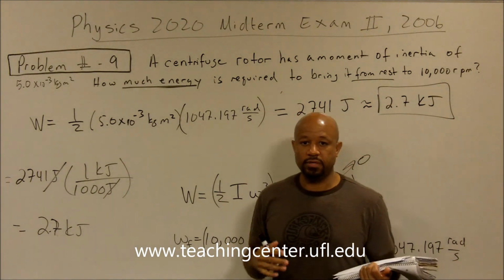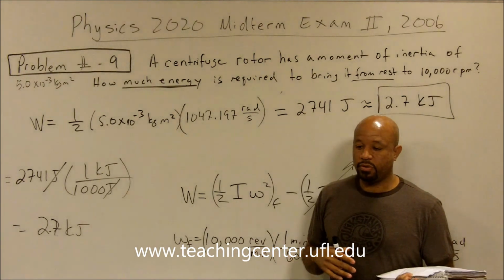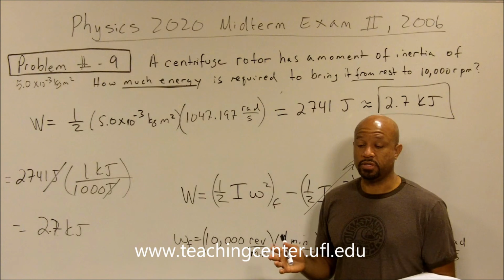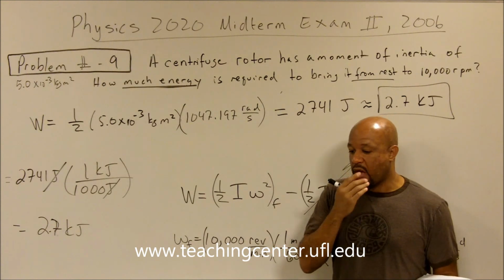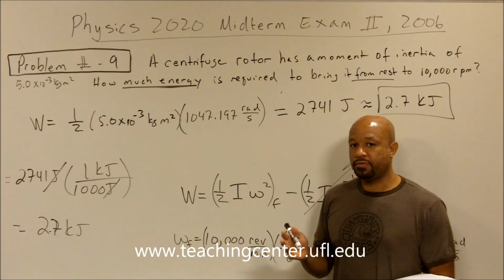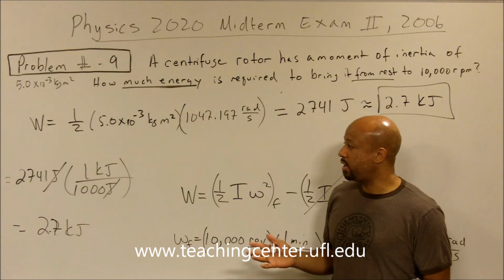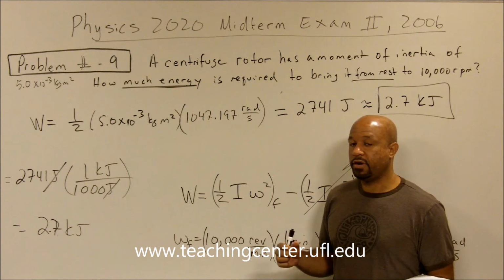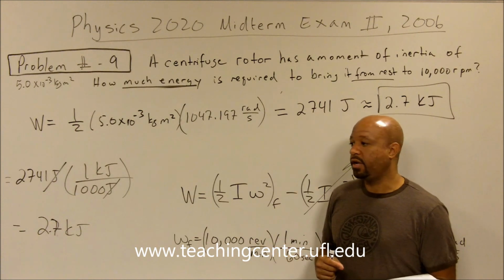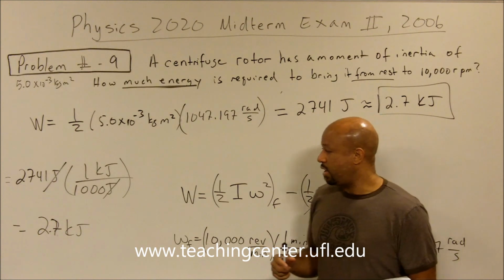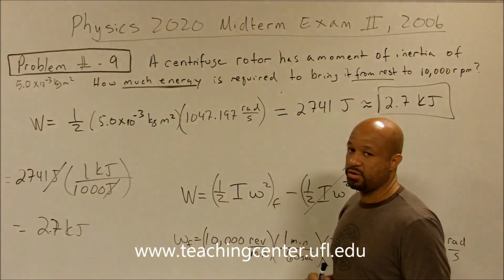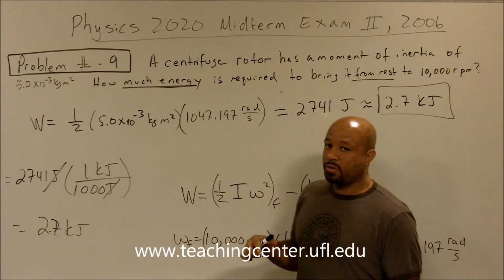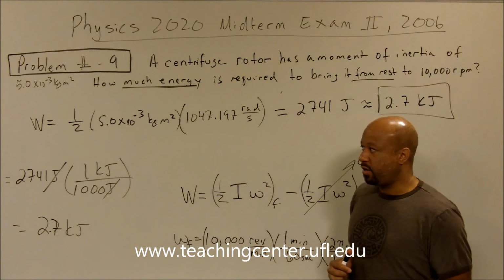So the trick to this problem is using the concepts that we learned for translational motion and transferring that to rotational motion by using the analogous variables such as angular velocity and moment of inertia rather than mass. And we had our equation for work, which is basically defined as a change in kinetic energy.